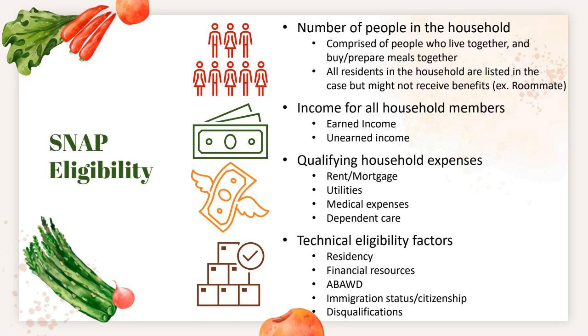There's this funky word called ABAWD, which stands for able-bodied adults without dependents. And these are basically folks who are within a certain age range, who are not disabled and who do not have dependents of a certain age. Those folks may have additional requirements like registering for work or work requirements to receive SNAP.